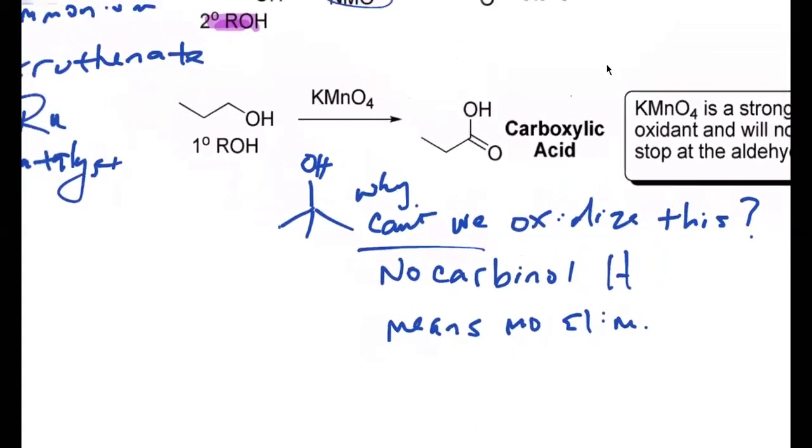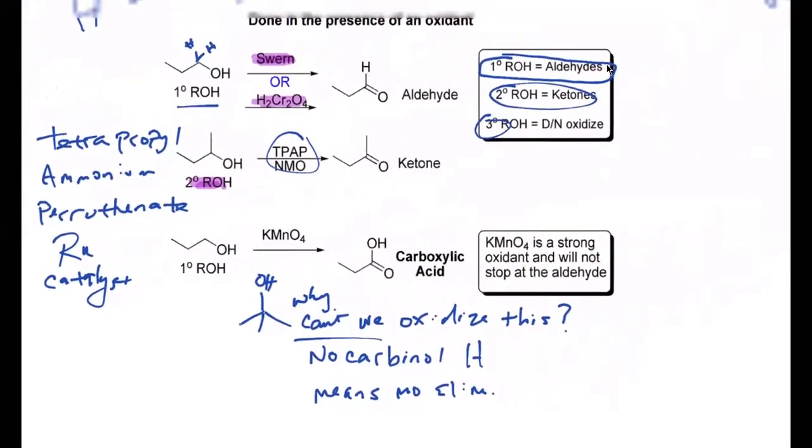Right, there's one other oxidation of alcohols that's shown here with potassium permanganate, and that will not stop. That's what we call a superoxidant. It'll keep oxidizing the alcohol all the way up to the carboxylic acid.